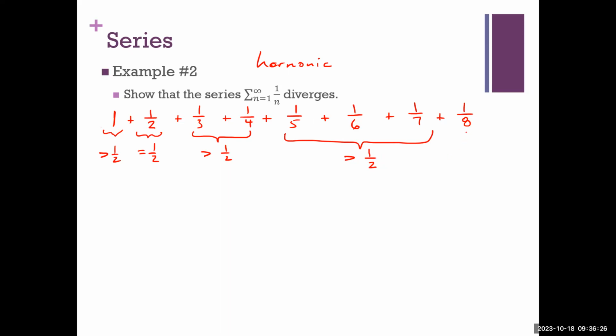No matter how far out I go, I can always group up some number of terms and get another 1/2, which means I will never settle out on a convergent sum for this series. So this is one of those counterintuitive series that, even though the sequence goes to 0, adding up all the terms in that sequence cannot be done.